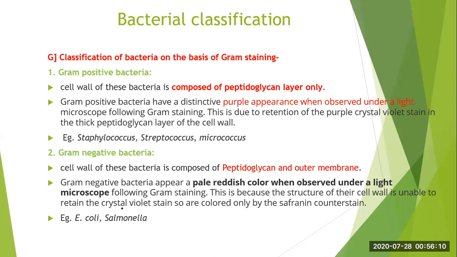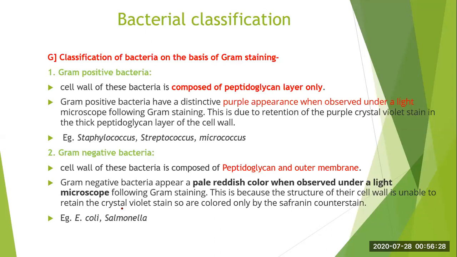Then our classification of bacteria based on Gram staining. If you go for that, you already know what gram-positive bacteria and gram-negative bacteria are. We just read it in our last class, on the basis of the cell wall.